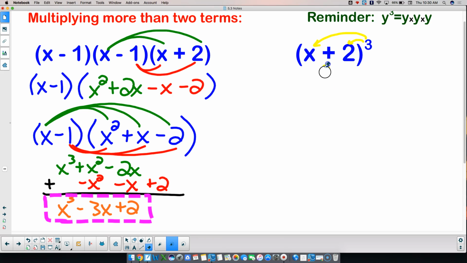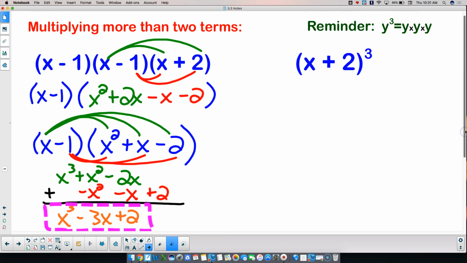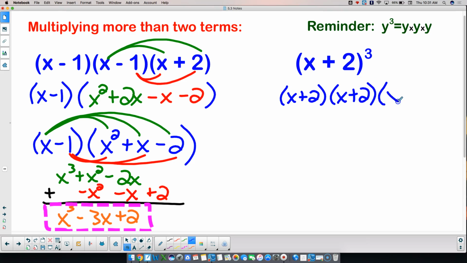So what I have to do here is remember that y cubed is y times y times y. So this really is x plus 2 times x plus 2 times x plus 2.